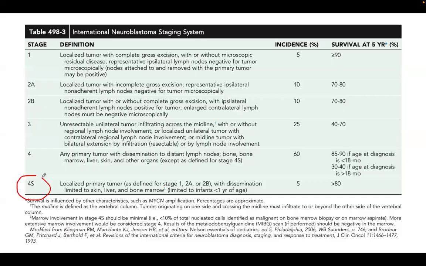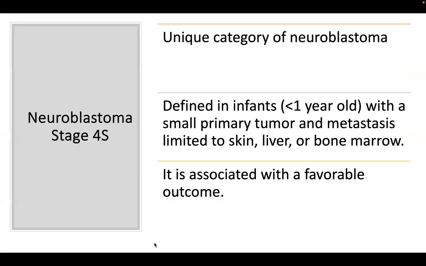So what is this stage 4S? I want everyone to remember that stage 4S of neuroblastoma is a unique category of neuroblastoma. You see this in infants who are less than 1 year old.